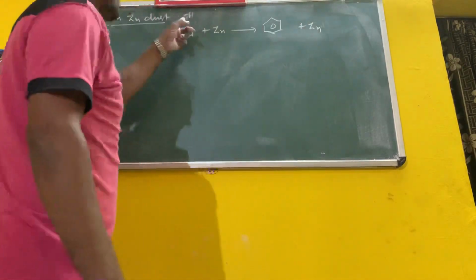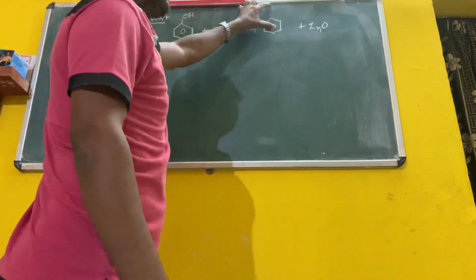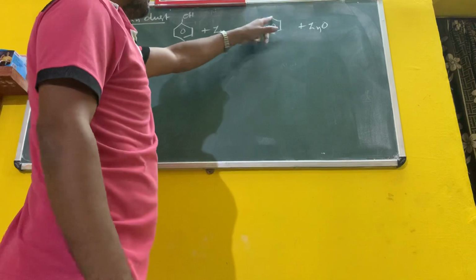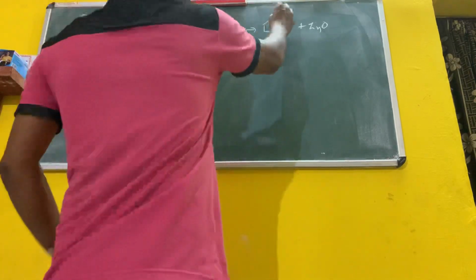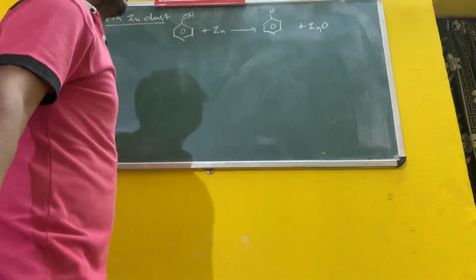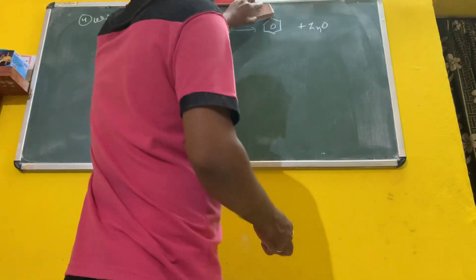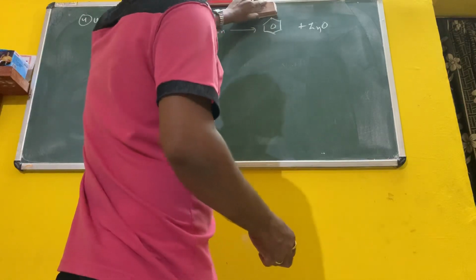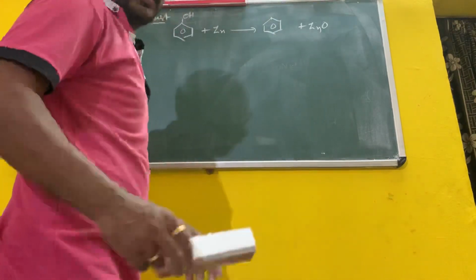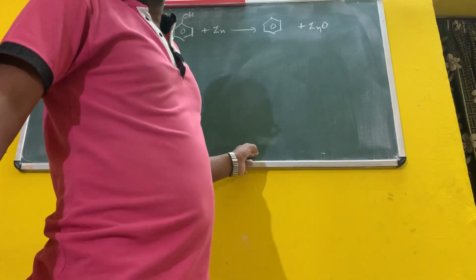Then what will happen? ZnO. Then only H. Here is H. That H will be at the corner, or you can write like this. But the difference, this one or benzene, these are the same. So this is your reaction of phenol with zinc dust.